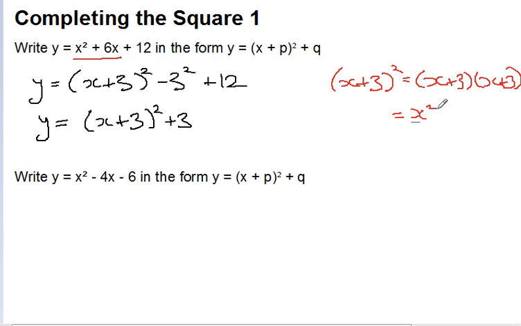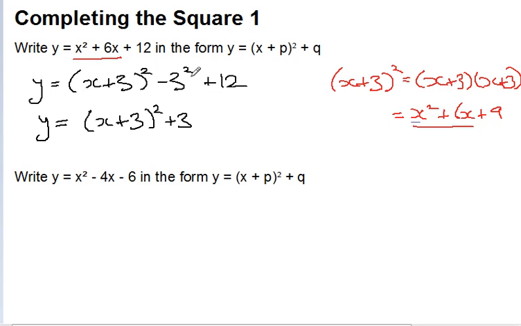So that's x squared plus 6x plus 9. So I knew that if I halved this number here, so if I half 6, which is 3, and put that here, then I get x squared plus 6x plus 9. And the x squared plus 6x is the bit that I want.